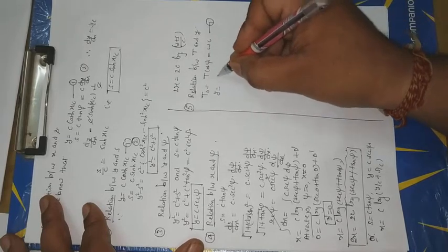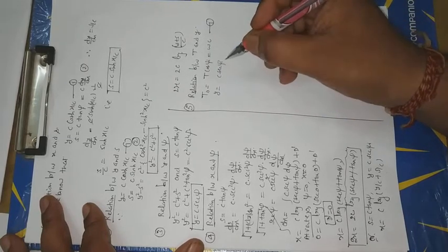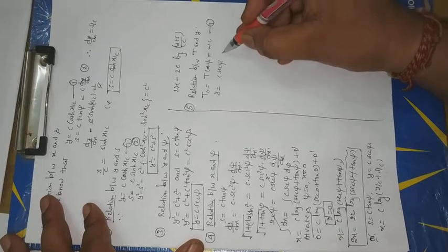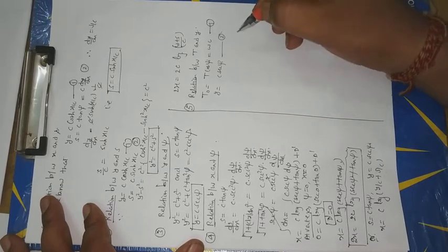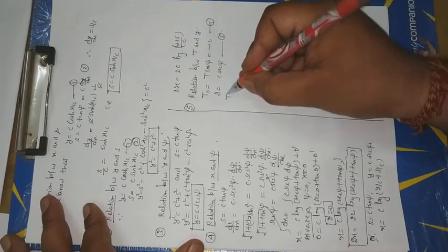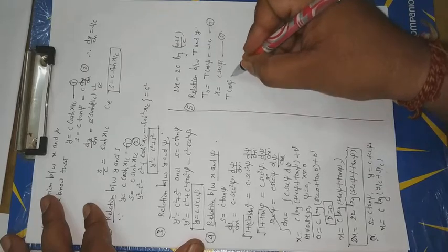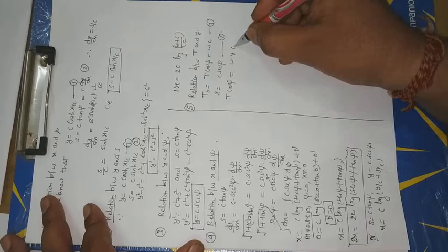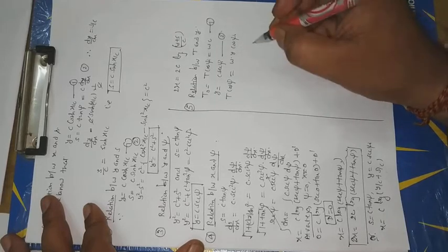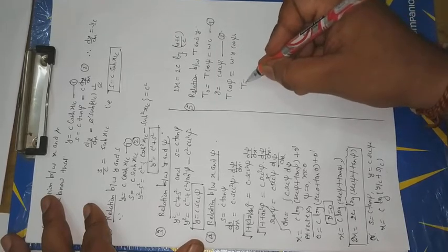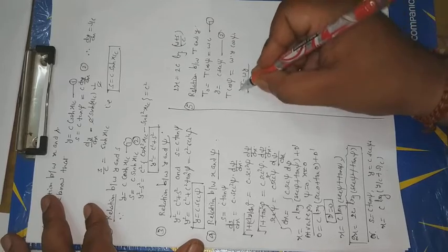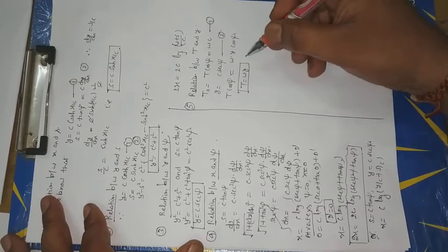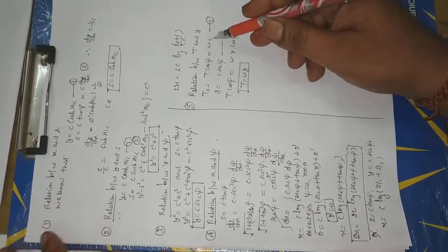Now y is equal to c sec psi, this is denoted by equation number 2. Okay, that is t cos psi is equal to w into y cos psi. Now t is equal to wy. This is the relation between t and y.